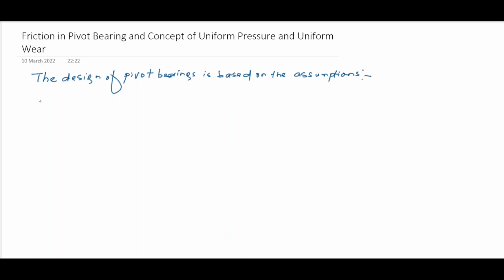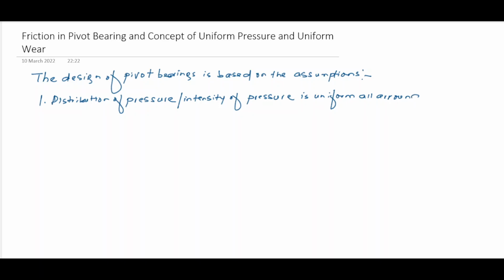Assumptions. The first assumption is the distribution of pressure, or you can say the intensity of pressure, is uniform all around the bearing surface.